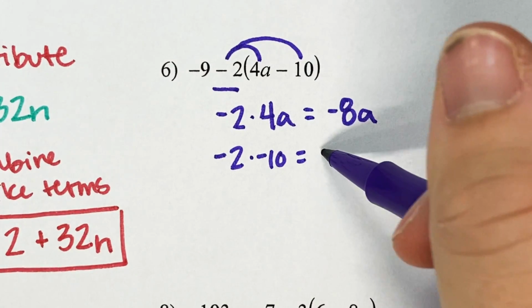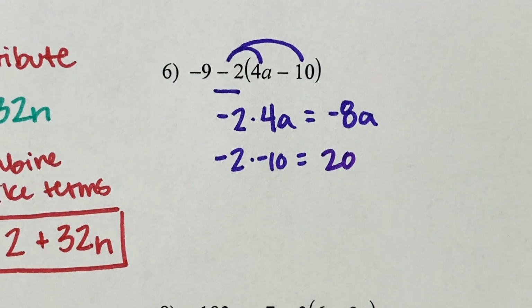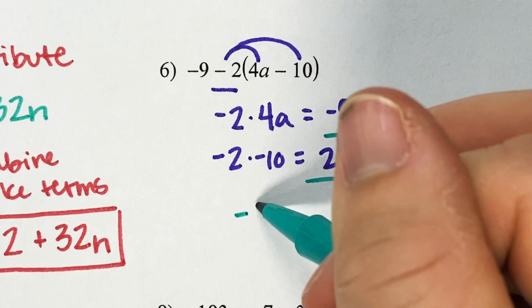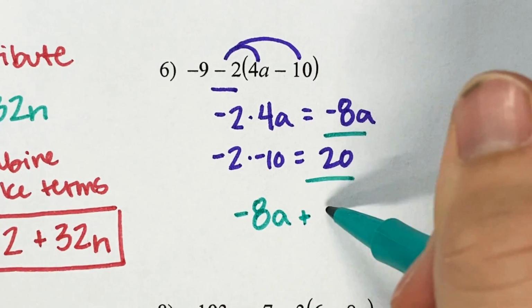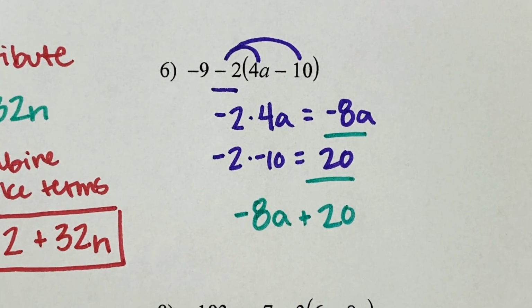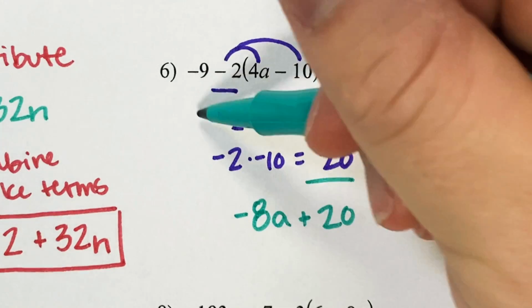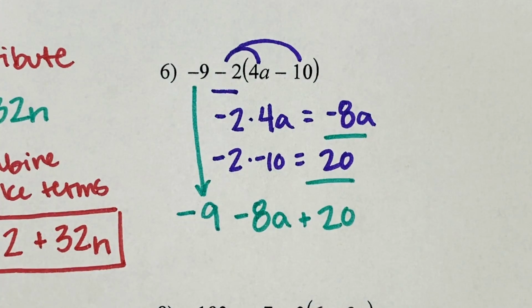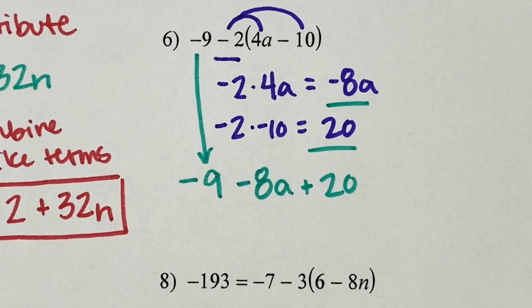So 2 times 10 is 20. Now I'm just going to rewrite these together. So -8a and 20 gives me -8a plus 20. Now that we are done with our first step, this -9 can come down. So we distributed and got rid of our parentheses.